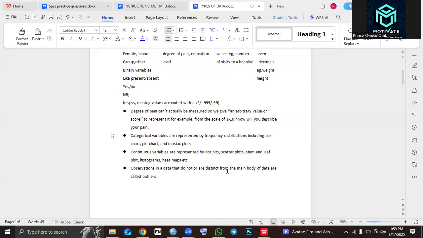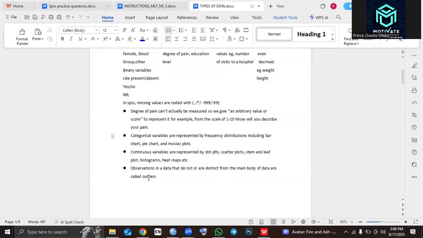Now, anytime you draw a plot on SPSS, when you are doing an analysis and you get a range of values or a range of figures, figures or variables or observations that are distinct from the main body are called outliers. So, for example, maybe you have a range of body weights.